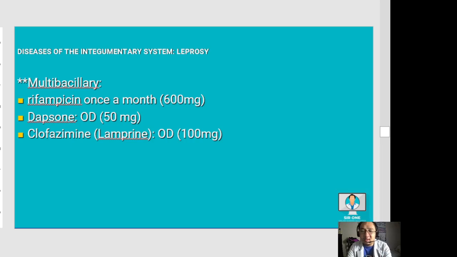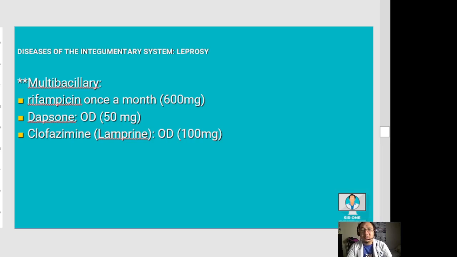Rifampicin and also dapsone. Actually, all of these three are antibiotics. Okay, and it's more effective when used in combinations. Okay, so just to watch out for renal and liver toxicity. For dapsone, look out for hemolysis.